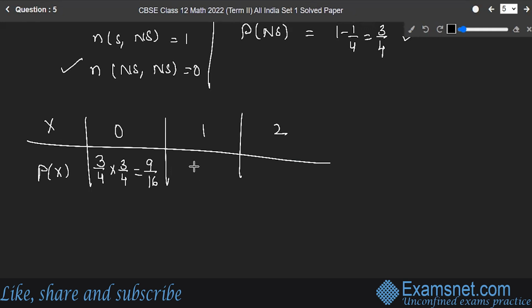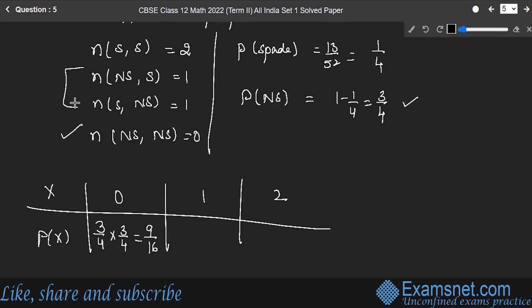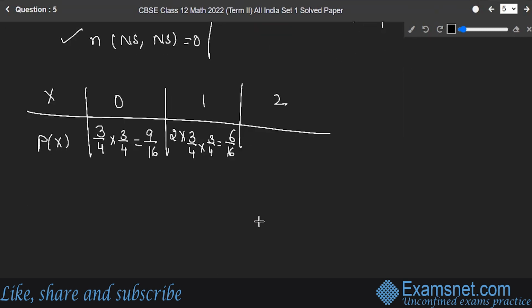1 spade card will be given by, see, here are the two chances. In both the cases, there is only 1 spade card. So 2 into 3 by 4 into 1 by 4, which is equal to 6 by 16 or 3 upon 8.